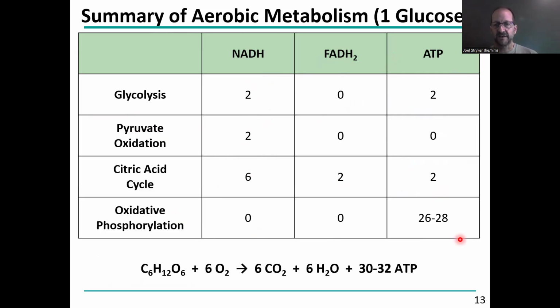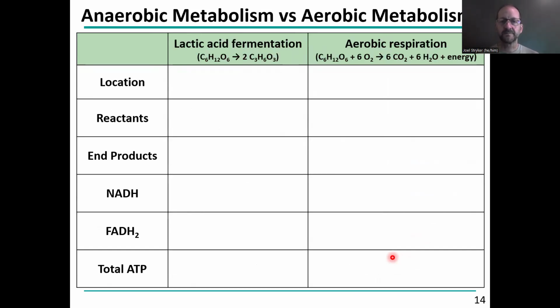And then the oxidative phosphorylation is where most of the ATP is coming from. And so our grand total, using these numbers here, somewhere around 30 to 32 ATPs. Some sources will put that up to about 36. And so, like I said, you'll see different numbers out there.